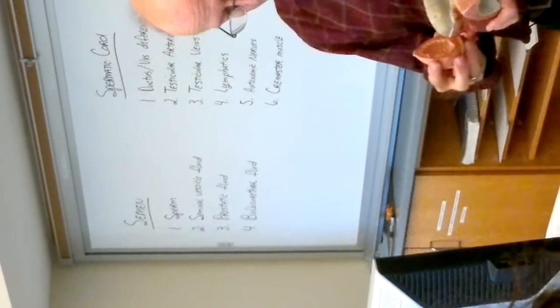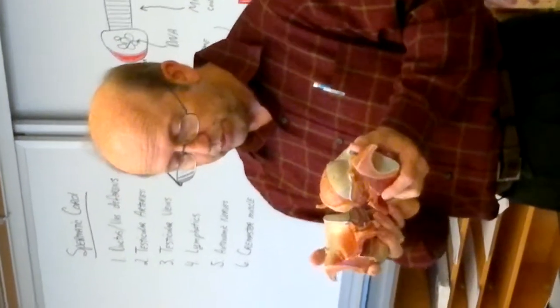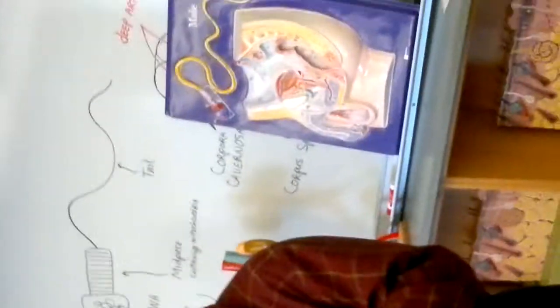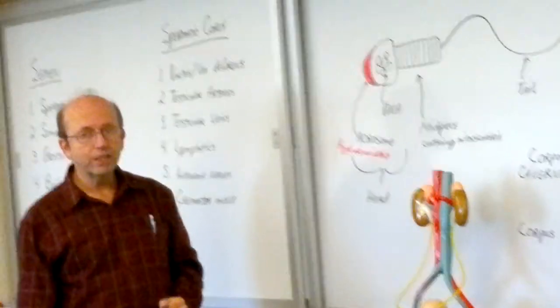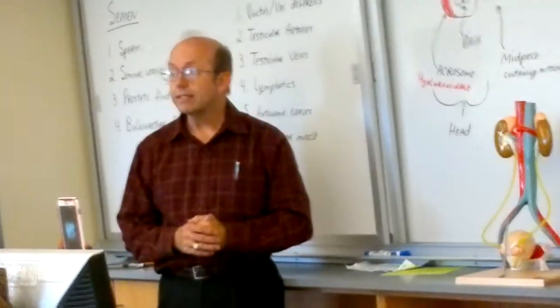Okay, anybody have any questions? That's kind of a whirlwind through this model to get you started. I mean, these are good models. You just gotta be careful, you know. Don't tear them up. The acrosome cap has this enzyme hyaluronidase in it, which will digest its way through the hyaluronic acid around an egg.